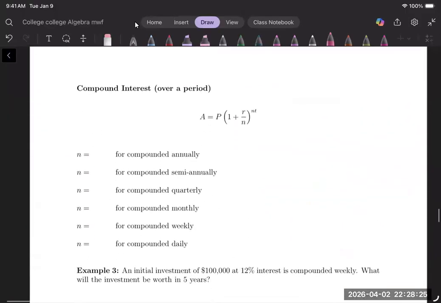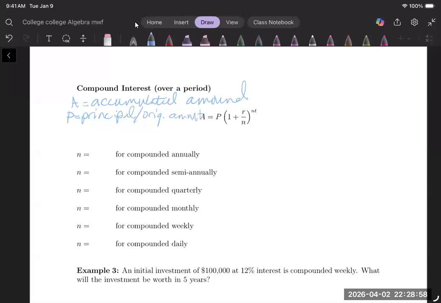Okay, so now here's compound interest. This is compound interest over a period, say like 5 years, 2 years, 6 months, whatever. A is equal to the accumulated amount. P is equal to the principal, or the original amount.